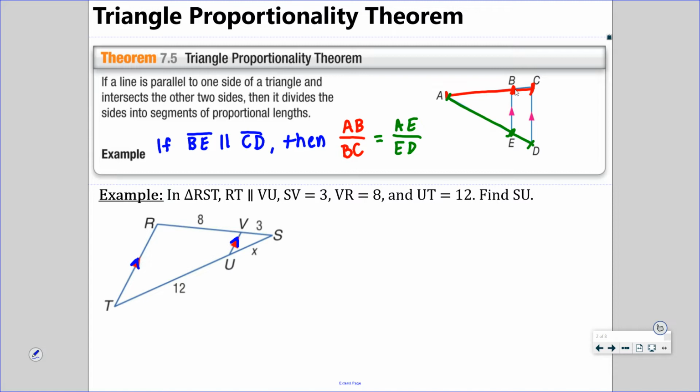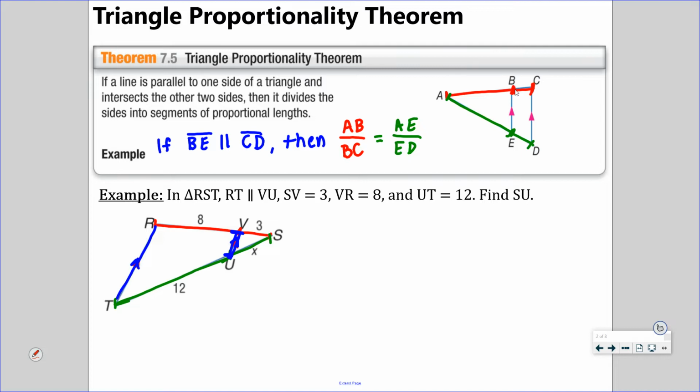Then they give us some of these measures that are marked on my triangle, such as this segment right here is 3, VR is 8, UT is 12, and they want us to find SU, which they're labeling X in this diagram. According to this theorem, as long as these are parallel, this little segment is going to split each side into proportional lengths.